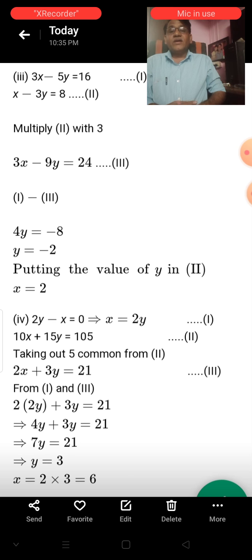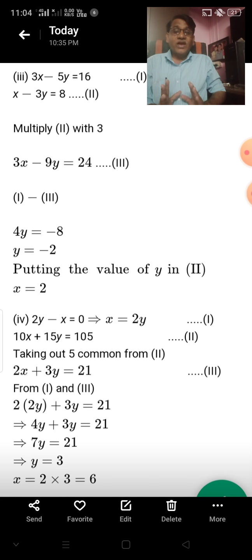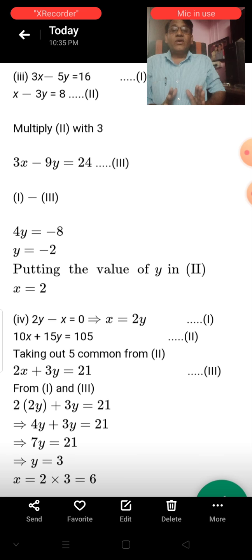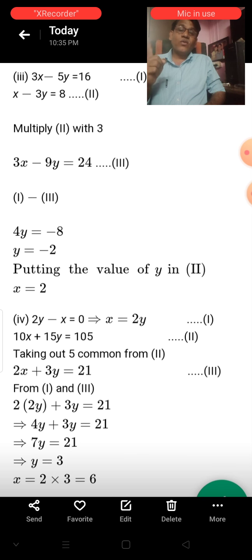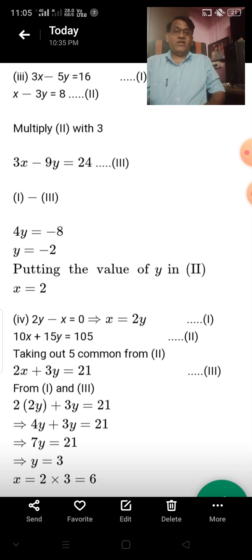Now see, both equations have the same coefficient of x. Both have plus signs, which means you have to subtract equation 3 from equation 1.